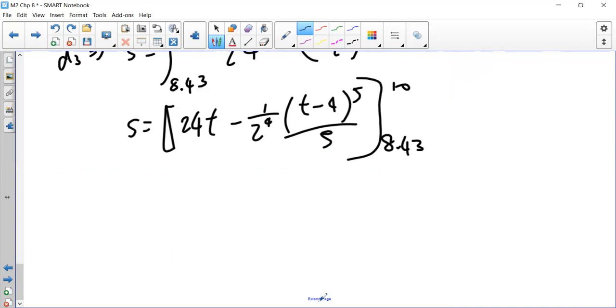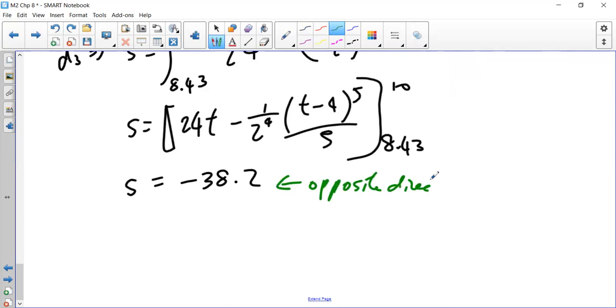So sub in 10, and then sub in 8.43, and you realize the displacement is negative 38.2. Negative makes sense because we're going in the opposite direction. So for distance, we can ignore the negative.